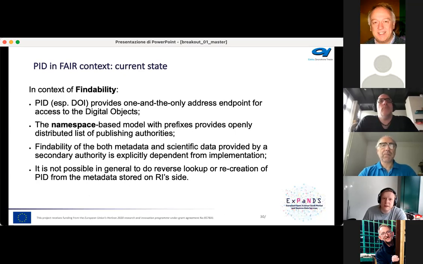If we have a given persistent identifier, from the client side it is practically impossible to reproduce it and to verify that this persistent identifier was issued by the given authority or registrar without placing a request to this and only this registrar. The request model is also explicitly dependent on the implementation. So it always affects findability and makes the current model sometimes unavailable. Next slide, please.